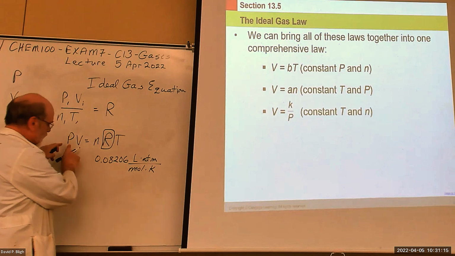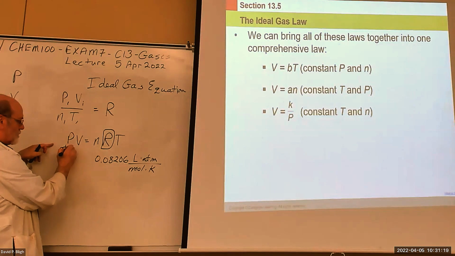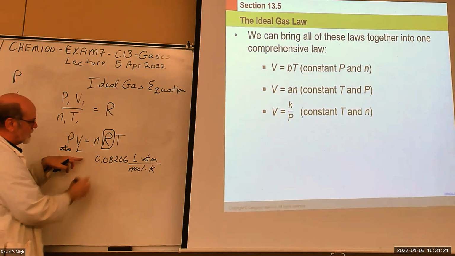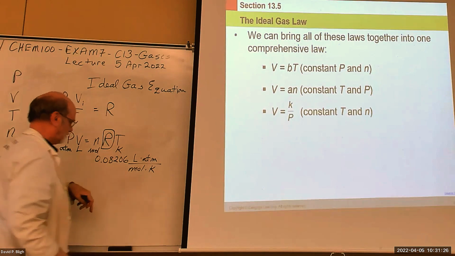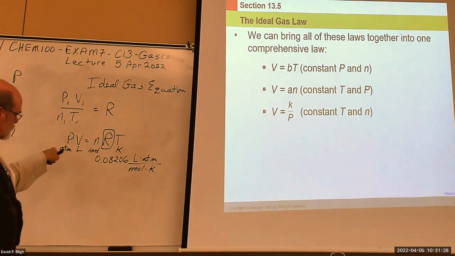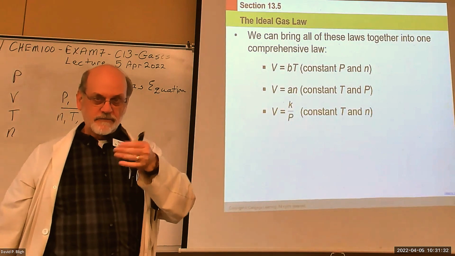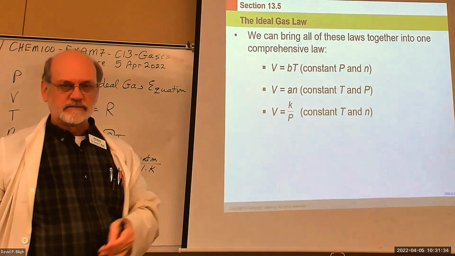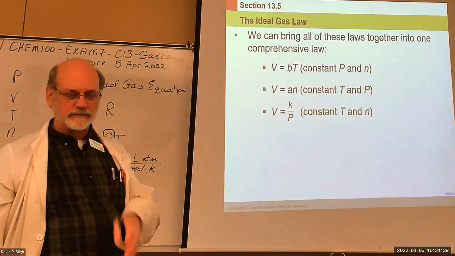So that means pressure has to be in atmospheres. Volume has to be in liters. This has to be moles. This has to be Kelvin. If all of those conditions are met, then you can solve that equation from a state situation where you don't know before and after. You just know what is it right now.